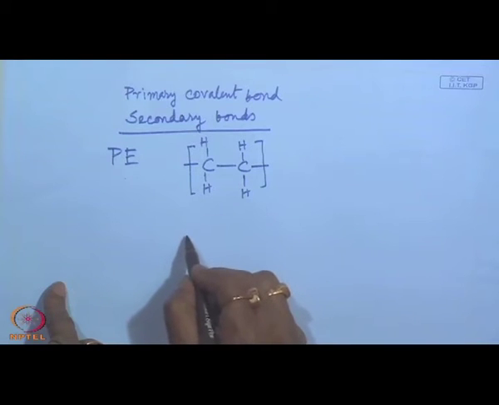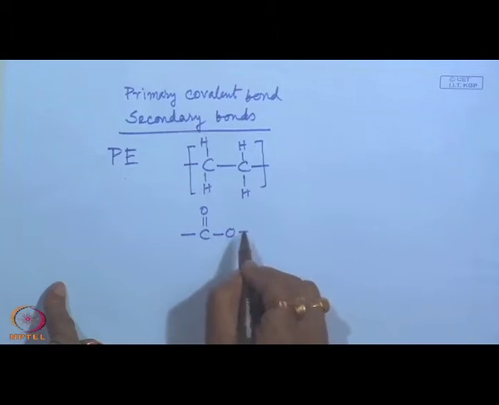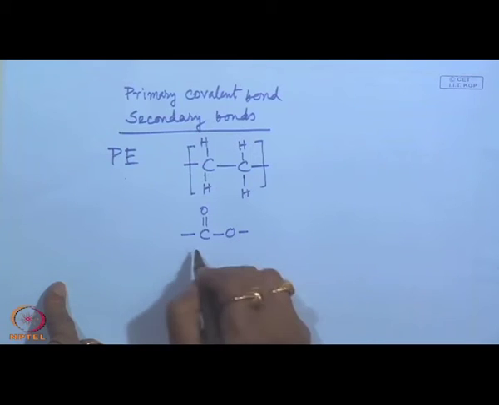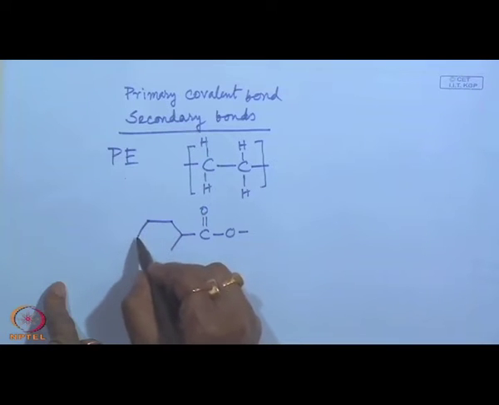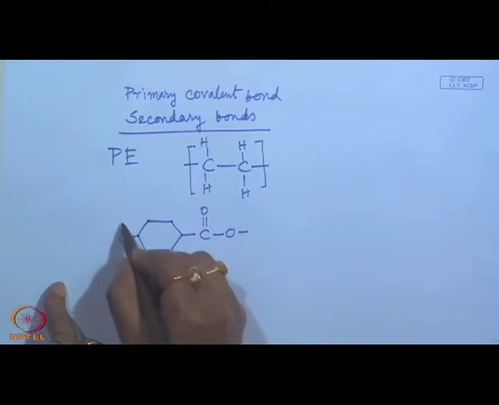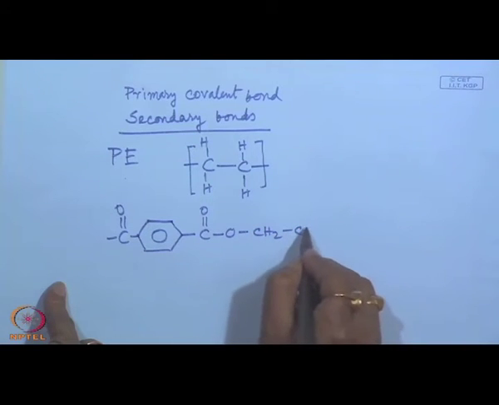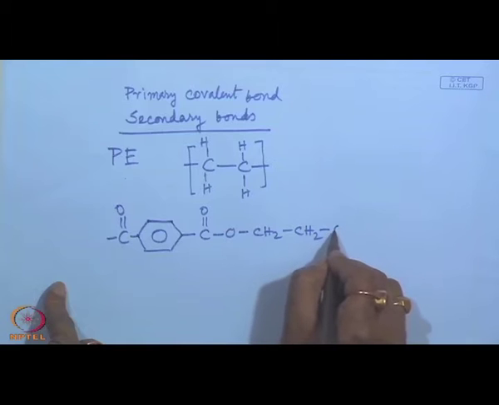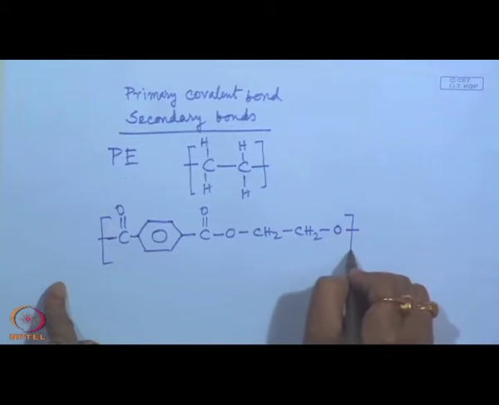There can be other kind of bond, say having this kind of bond. This is the repeat unit formula of polyethylene terephthalate.